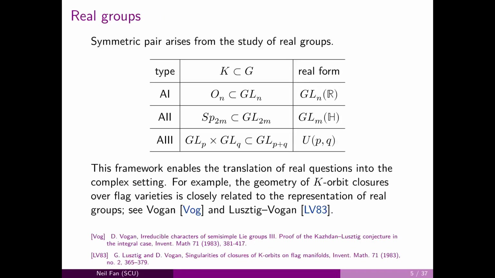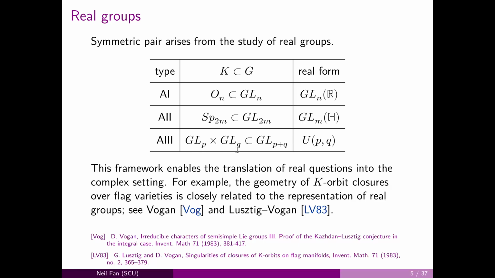Symmetric pairs arise from the study of real groups. Each symmetric pair (G, K) corresponds to a real form of G. For G equal to GL_n in type A1, the corresponding real form is GL_n(R), the general linear group over the real numbers. For type A2, the corresponding real form is GL_m(H), the general linear group over the quaternions.